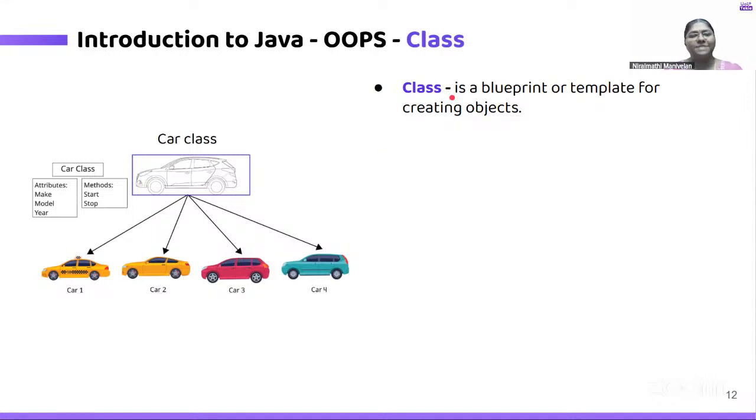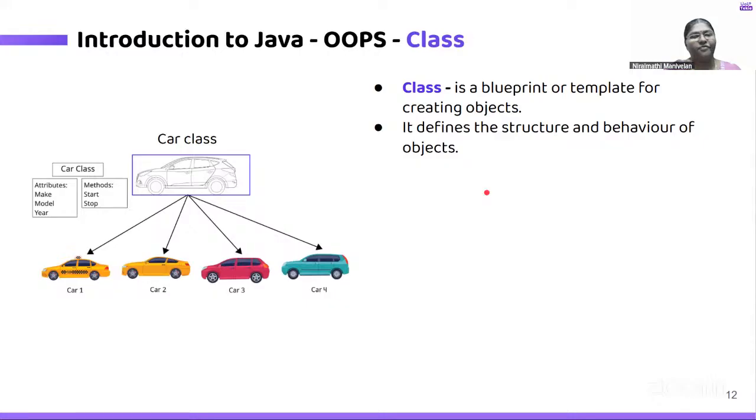So what is a class? How will you define a class? It is a blueprint or template for creating objects, and it defines the structure and behavior of the object.